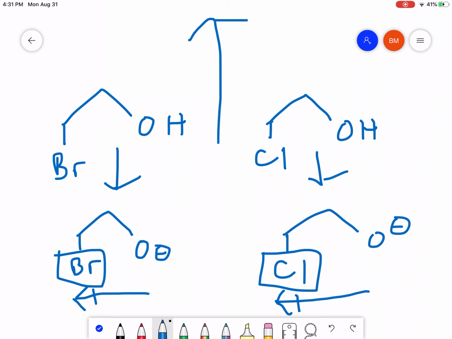Remember, as we go up a column, we have increasing electronegativity. All right? So if you look at a periodic chart, you would see that even though they're both pretty electronegative, Cl is definitely more electronegative than Br, right? So due to electronegativity, the Cl is going to exert a little bit stronger of a pull on these electrons as opposed to the Br in its respective example.